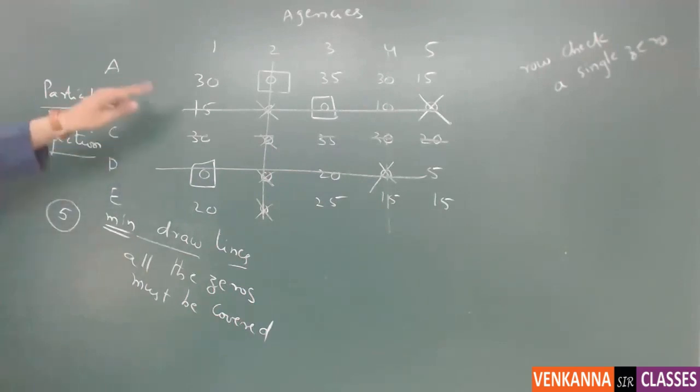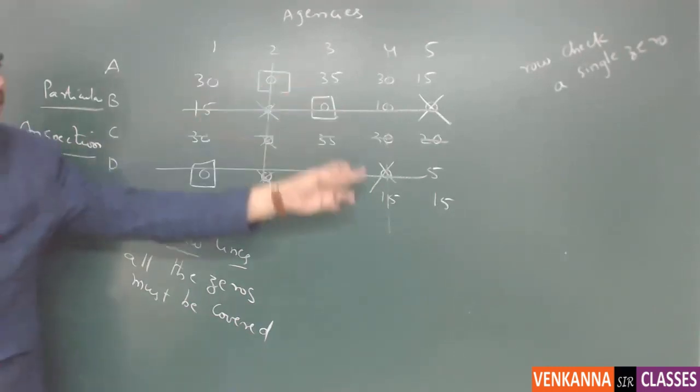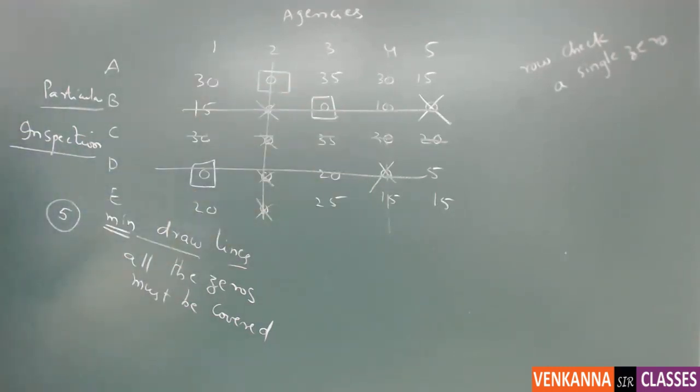So here 3 lines are required to cover all the zeros. Now you have the remaining matrix, right? In the remaining matrix, what is the smallest value? So please tell me the smallest value in the remaining matrix. Is that 5 or 15?